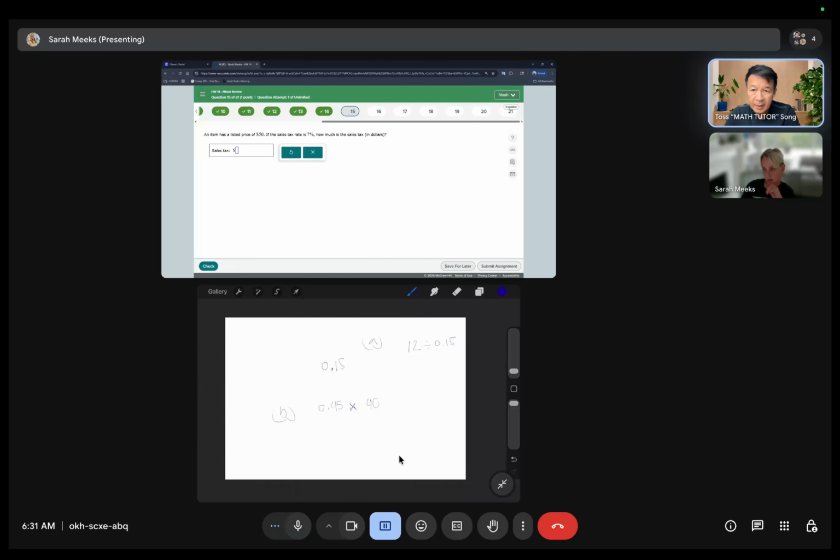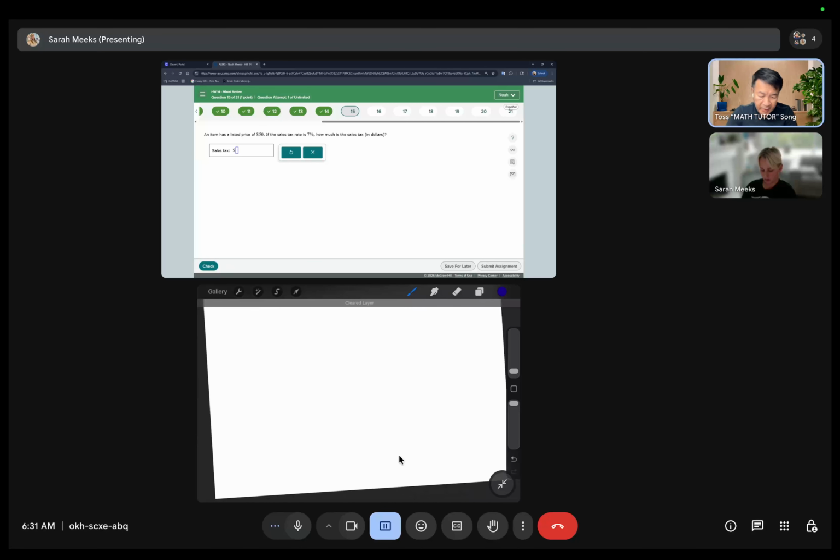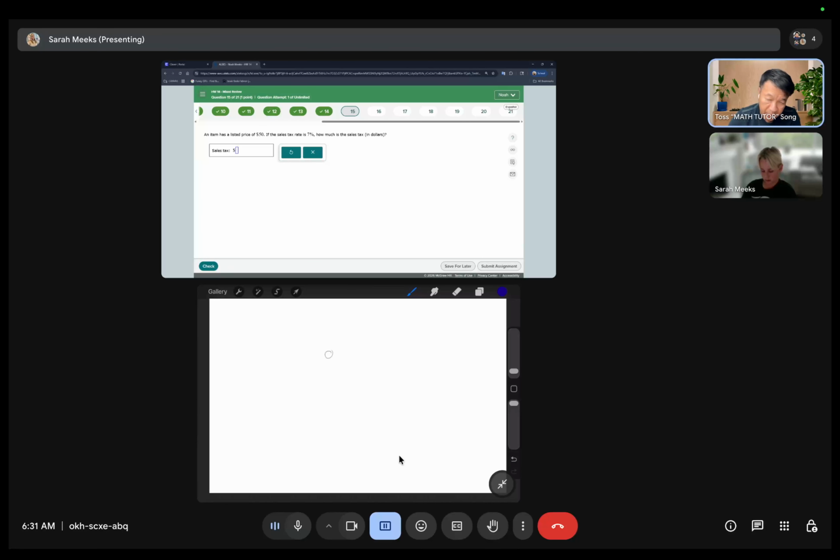All right. An item has a listed price of 50. If the sales tax is that much, how much is the sales tax? So it's a multiplication. You have to multiply your sales tax percent by the price that you're looking at. But you got to convert your percent into decimal again.